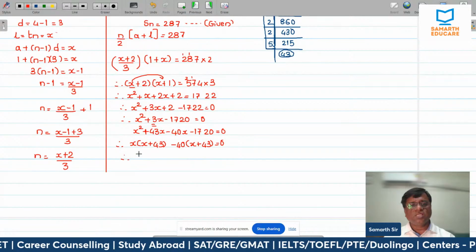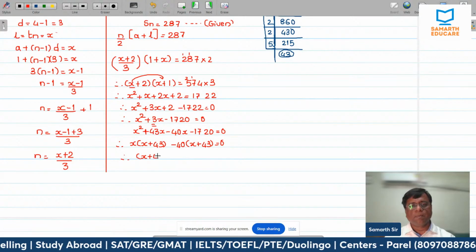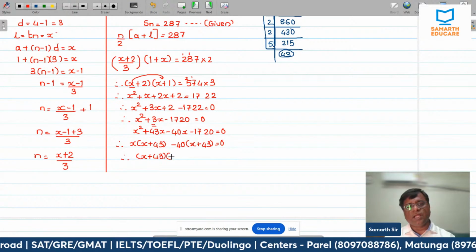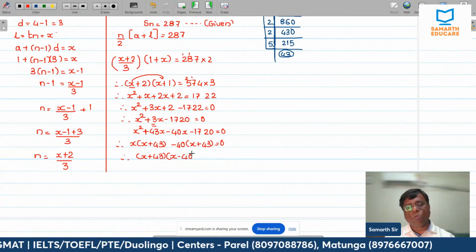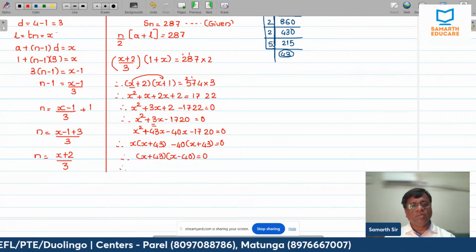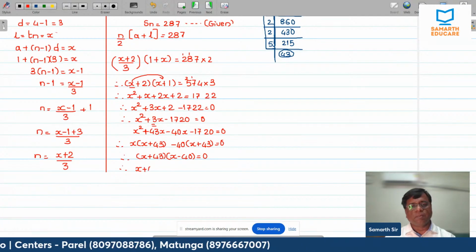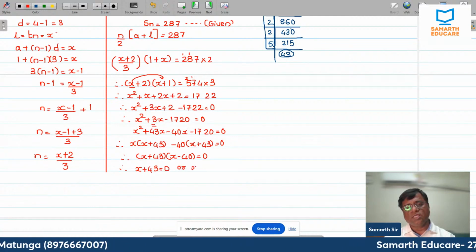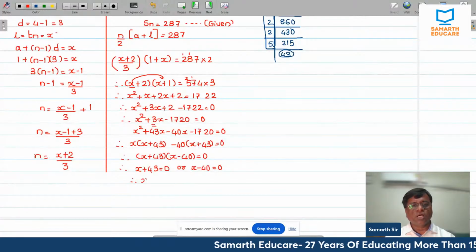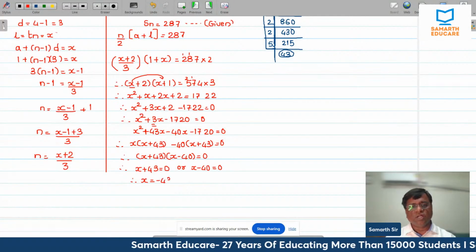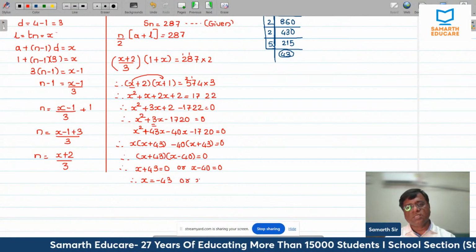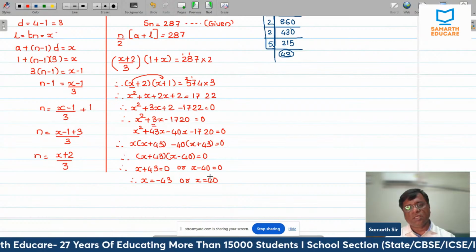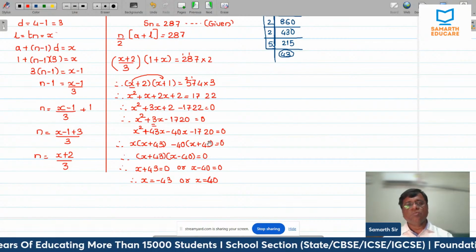So I have x plus 43 and the other bracket is x minus 40 is 0. That means x plus 43 is equal to 0 or x minus 40 is equal to 0. So the values are x is minus 43 or x is 40. Right? So there are two possibilities of x.